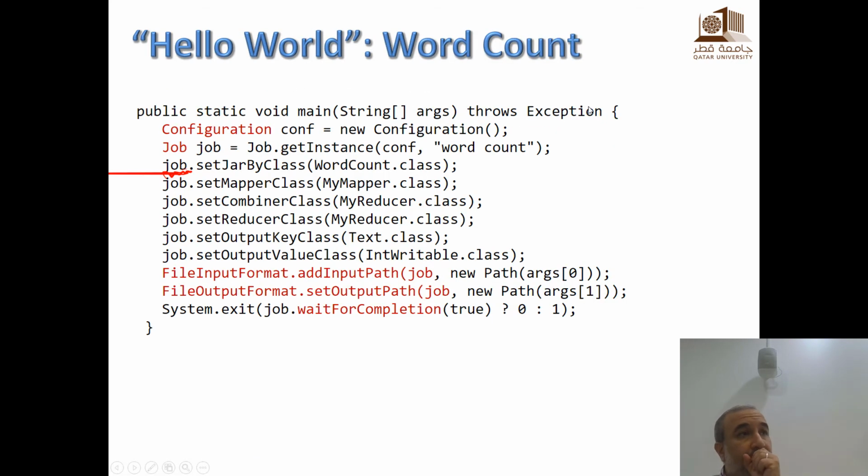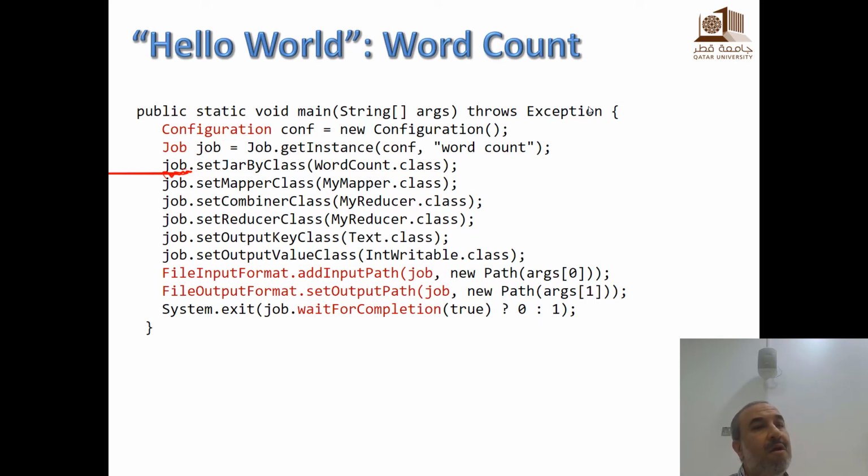Go back to the code. Here, we are first calling my mapper, yes? Now we have the input, the output of the mapper, and then the input of the reducer comes from the mapper, yes?